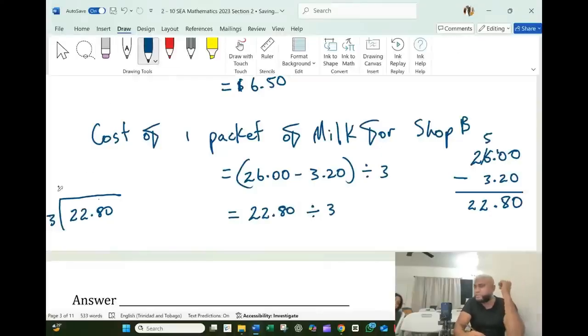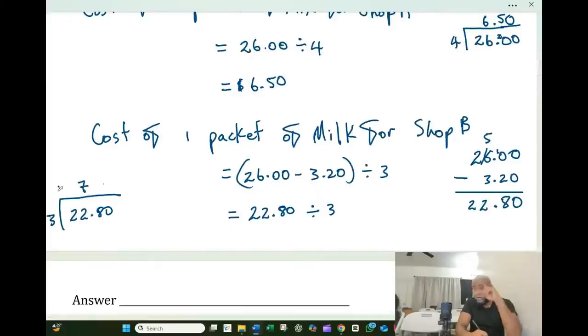So 3 into 22 would be 7, with a remainder of 1. That one we're going to simply put by the 8. 3 into 18 would be 6. 3 into 0 is 0. So this here would be $7.60. Everybody good there?